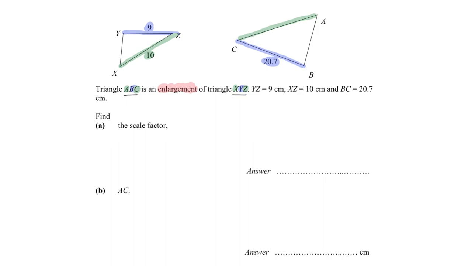What is the scale factor? So for scale factor, I'm going to look at these two numbers, 9 and 20.7, because from 9 it enlarged to 20.7. So by how many times? For the scale factor, it is pretty straightforward.